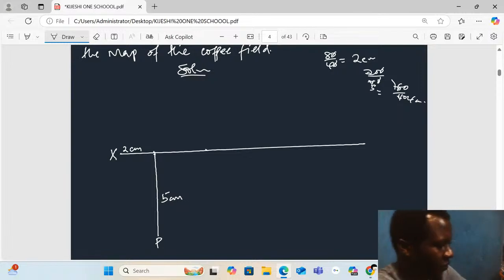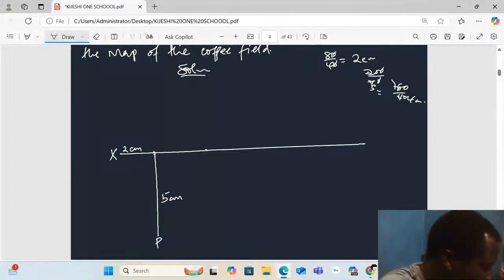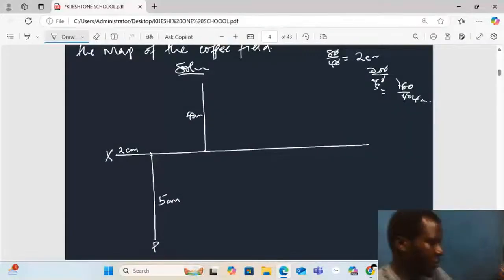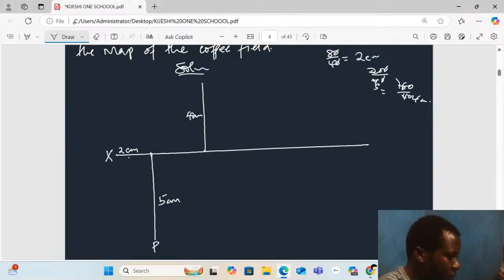Now we move 4 centimeters to the left from here, and our point is somewhere here. So this is point S.